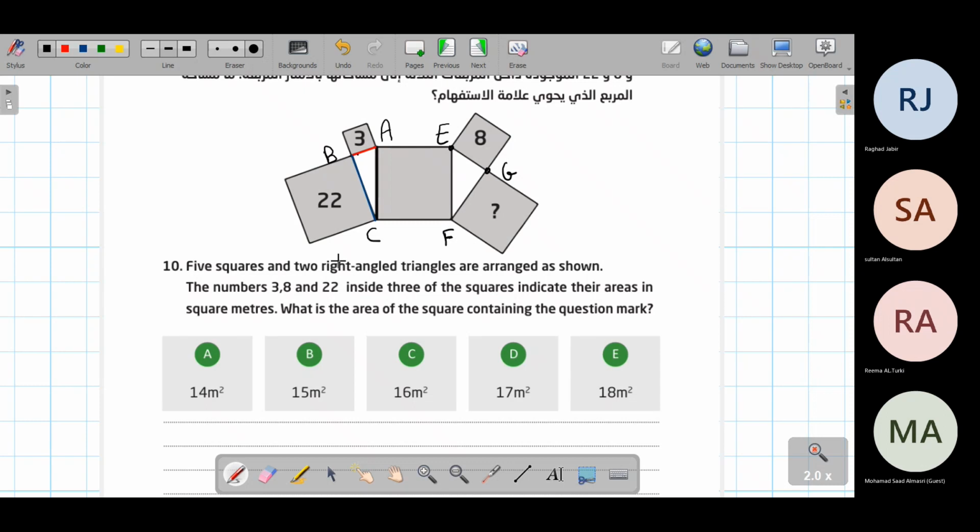Okay? So let's take it step by step. What's the area of the square, Rima? The area of the square? S squared. Here, I have the area. I want to calculate the side. Okay, so for the small triangle, this one, I will write it in the same color to see directly.